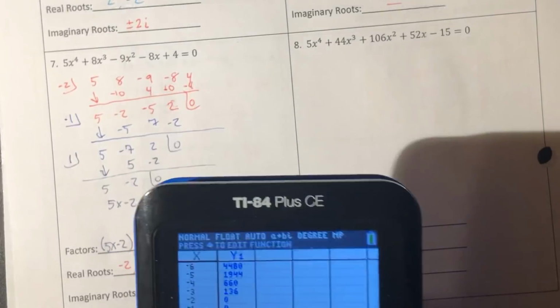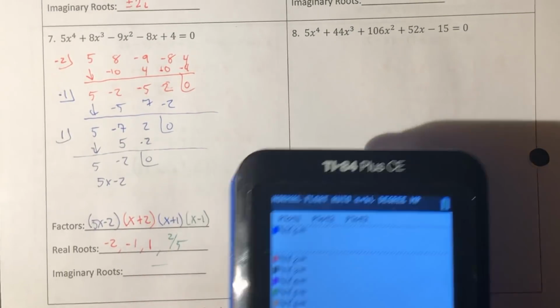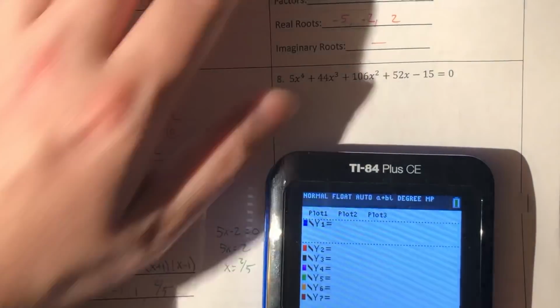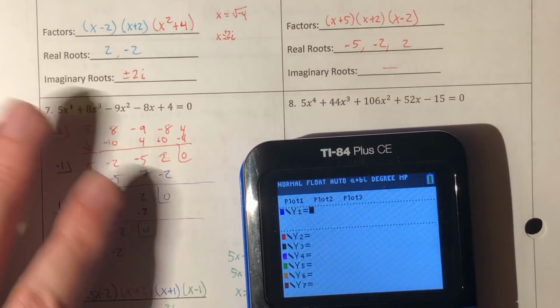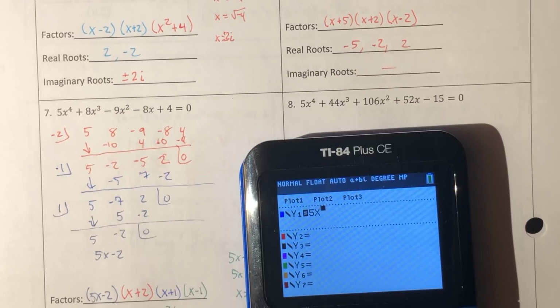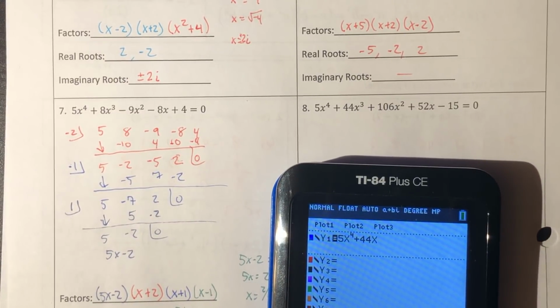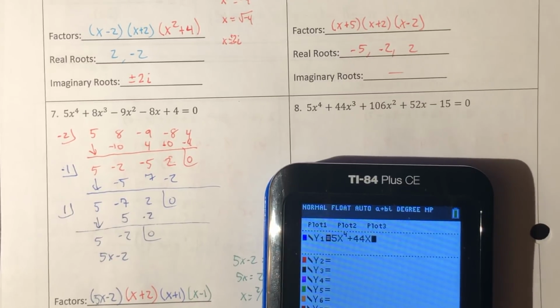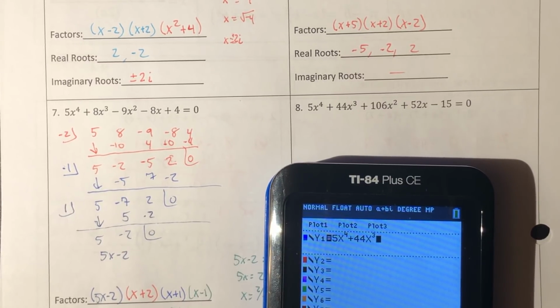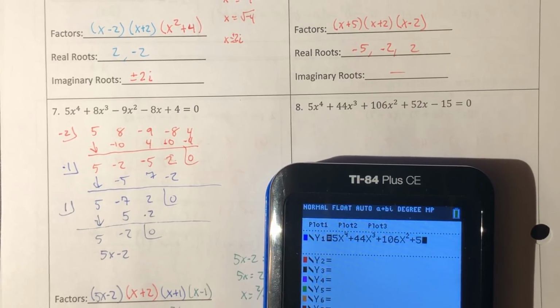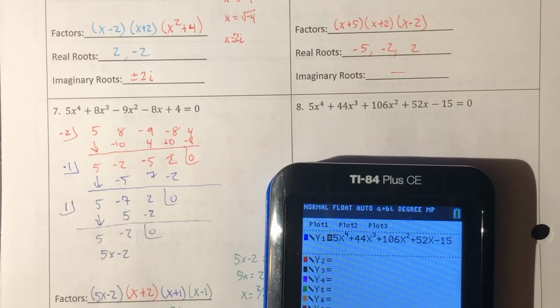Okay, so number 8. Once again, we need to put this into the calculator. So you're going to type this equation in. So I've got 5x to the power of 4 plus 44x cubed plus 106x squared plus 52x minus 15.